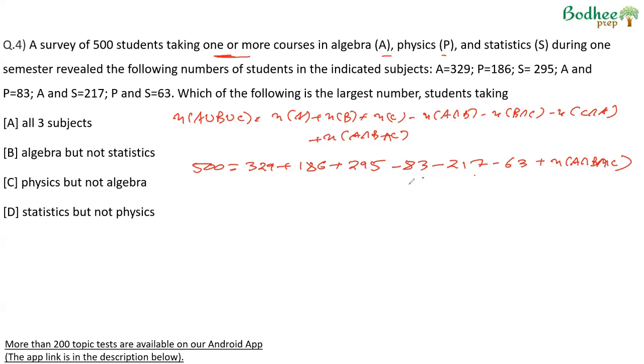And 329 plus 295 is 624, plus 186 is 810.